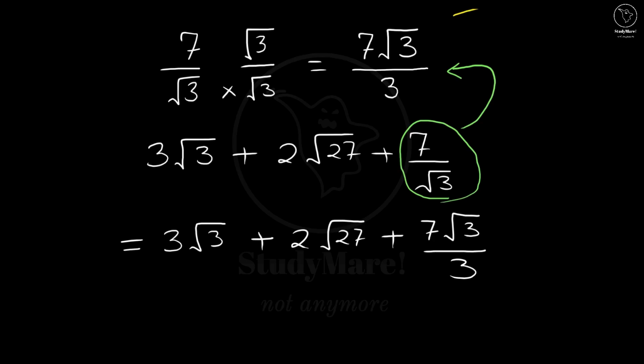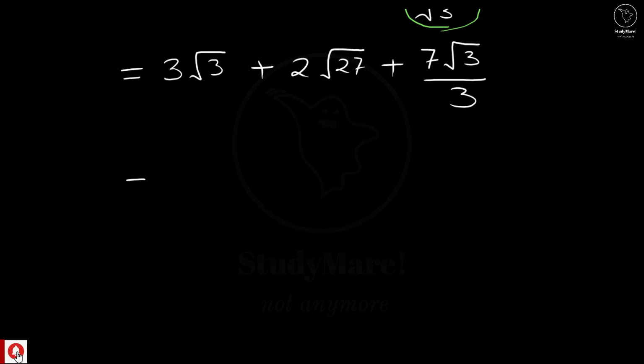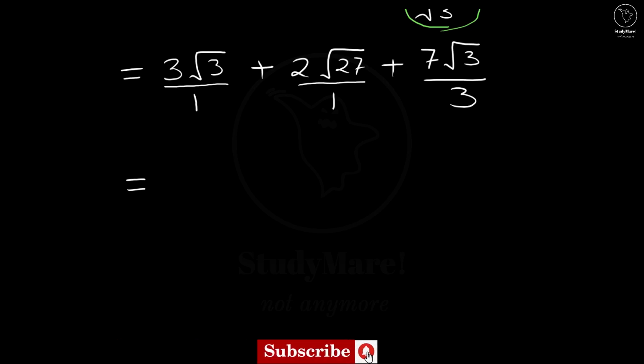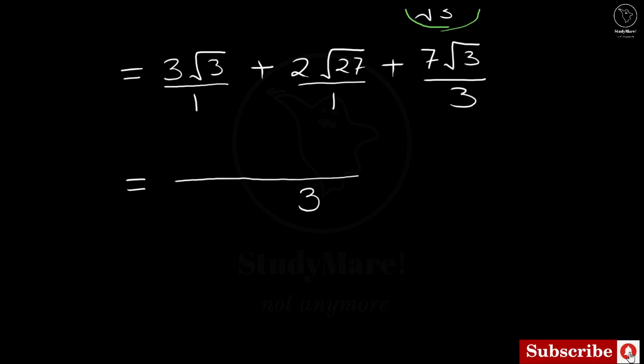Now if you see, it is a very simple expression which can be solved very easily. This is equal to, there is no denominator here, that means we can put 1. No denominator here, that means we can put 1. Taking the LCM of 1, 1 and 3, we get 3 as the LCM.